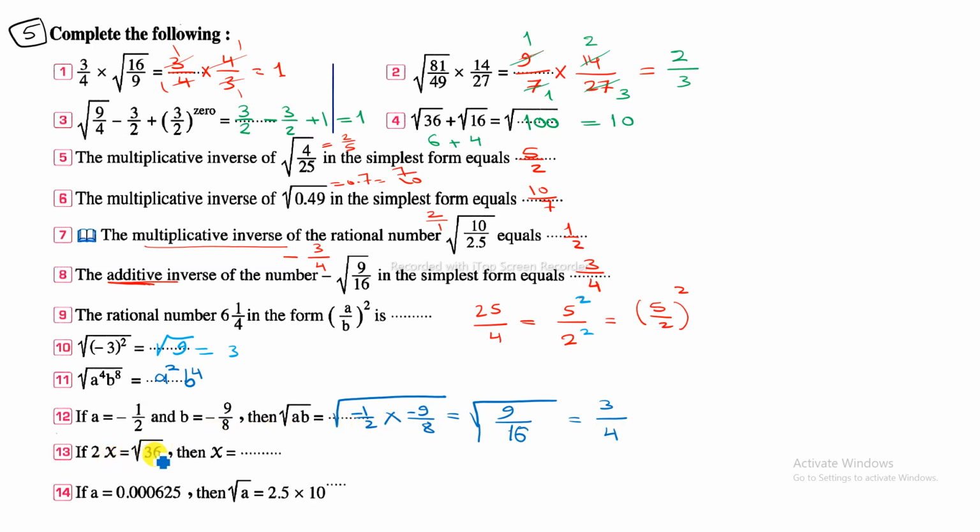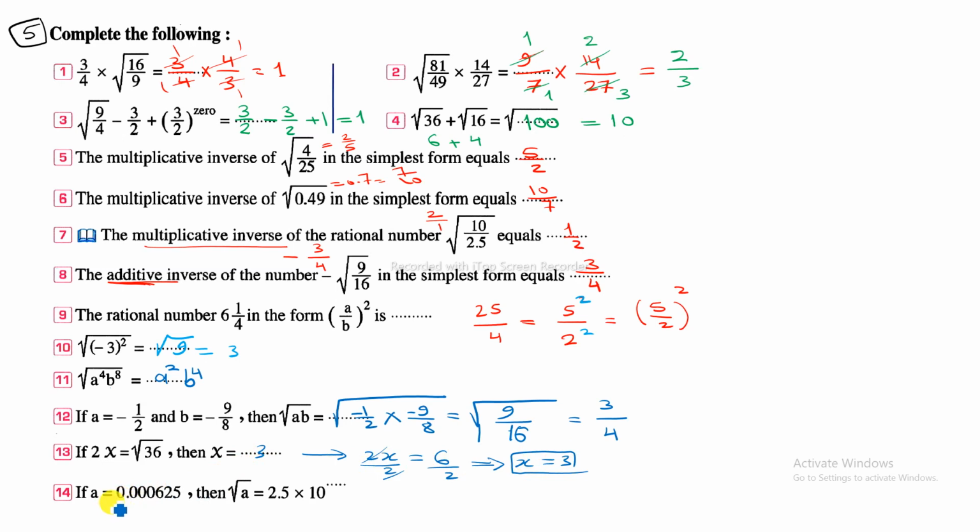If 2x is equal to root 36, then here 2x is equal to square root 36, which is 6. We divide by 2, so x is equal to 3.